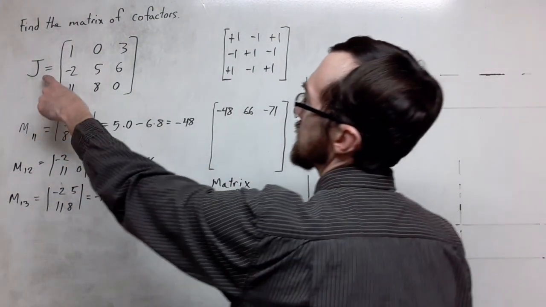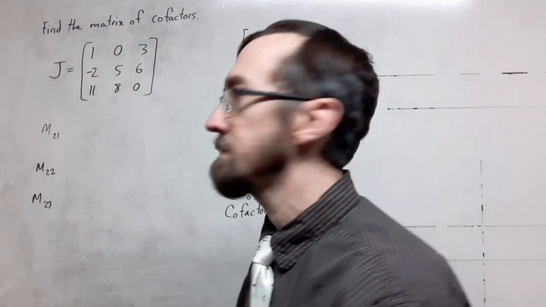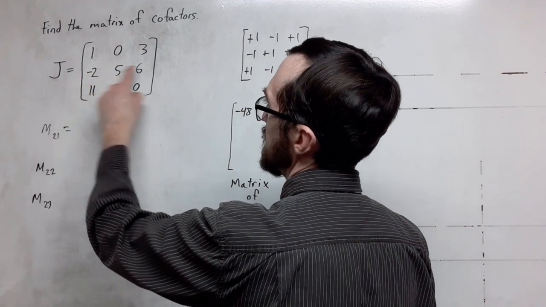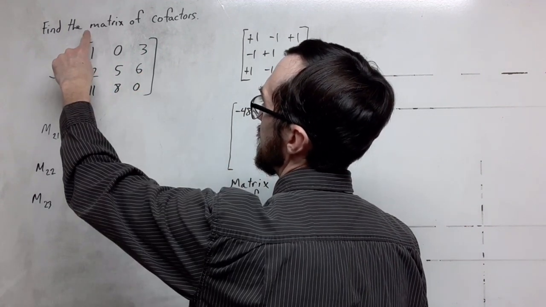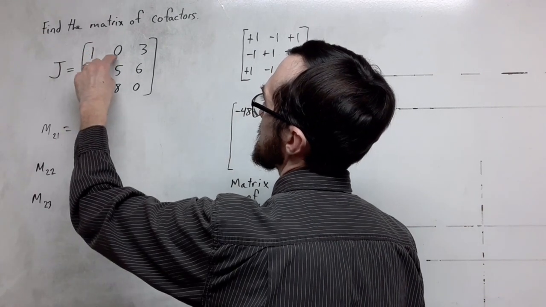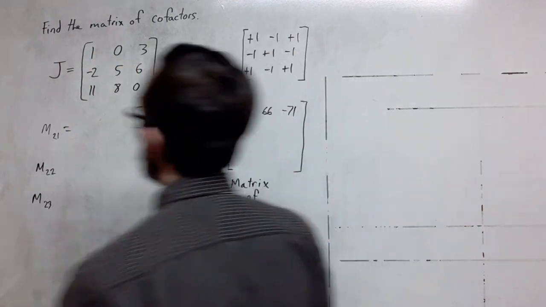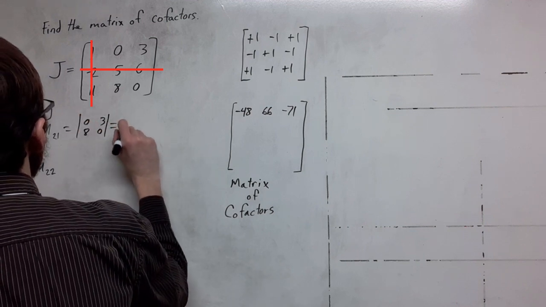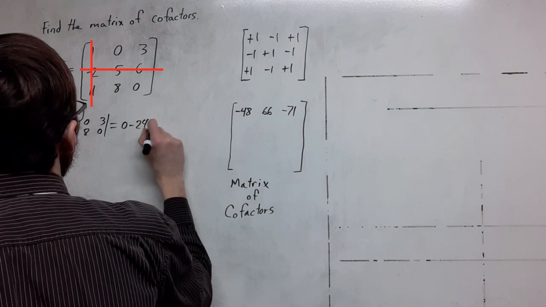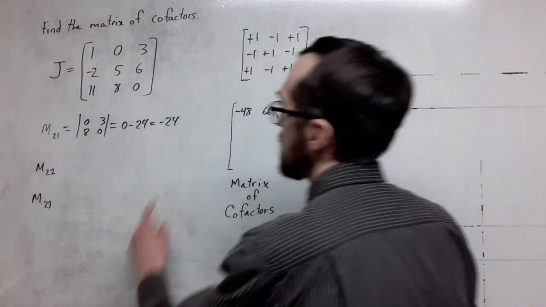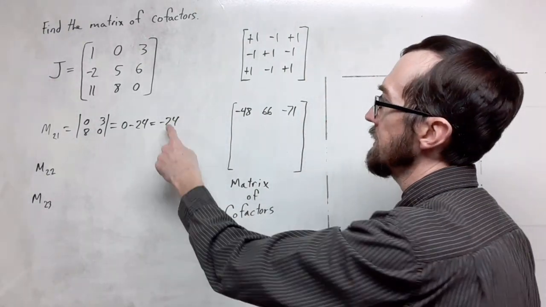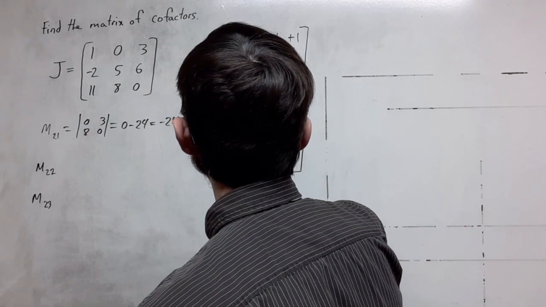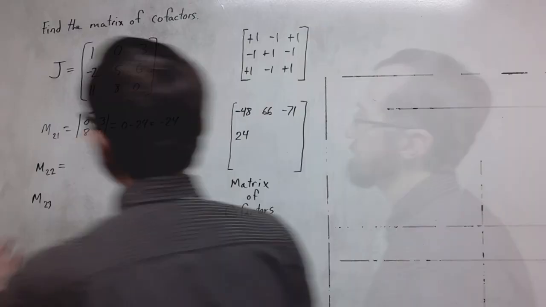And then we're going to continue to row 2. We are now in row 2 here, so this will be eliminated here. We will eliminate the first column, and that will give us 0, 3, 8, 0. When we find the determinant of this minor, we find that it's -24. We are going to multiply by -1. Our cofactor will be a +24.